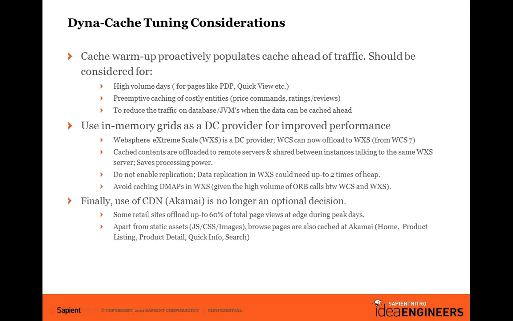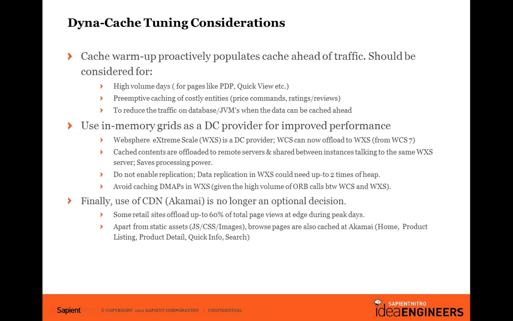You could warm up the price task commands for all the prices in your catalog ahead of time, so that when these pages get hit, the traffic on your database or your JVM is much lesser than it would otherwise be. You could also cache pages like your product detail page, quick view, etc. Home page, category page. So warming up of cache is very, very efficient.